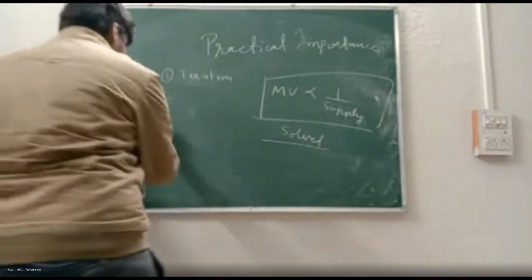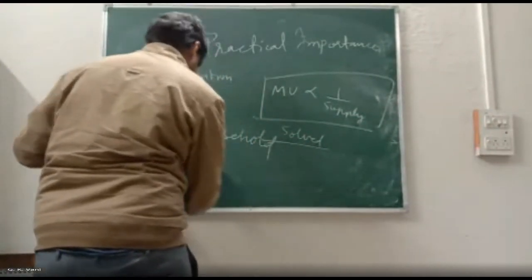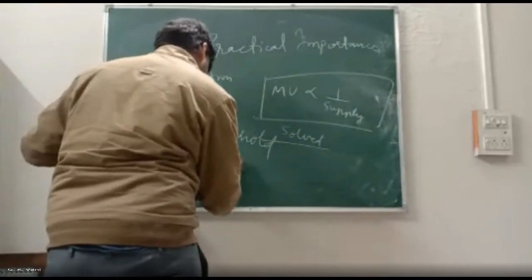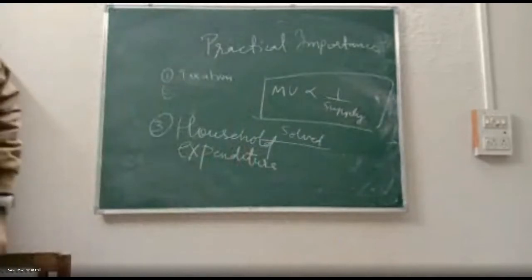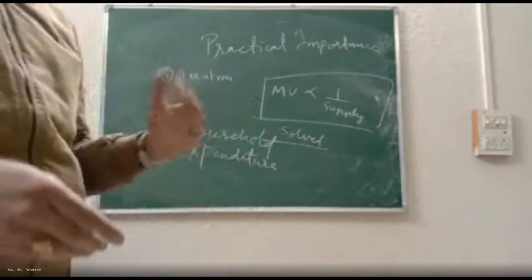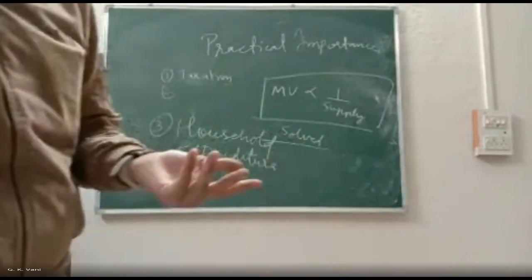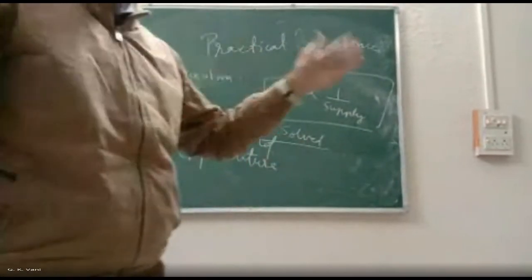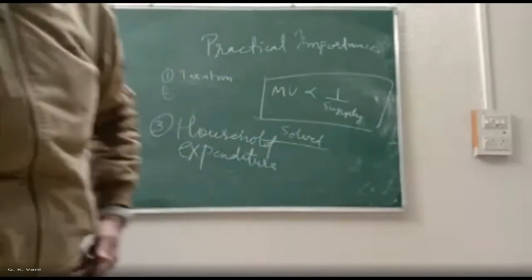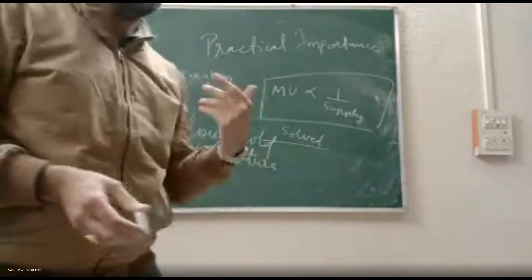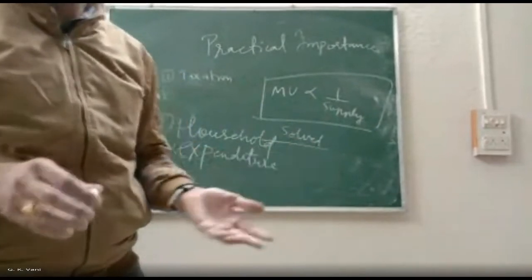Then household expenditure. We restrict our purchases so that we will have more marginal utility, because the larger the purchase, the lower the utility, and the smaller the purchase, the greater the utility. So we want to spend as little money as possible to buy more goods, so that we have larger utility.